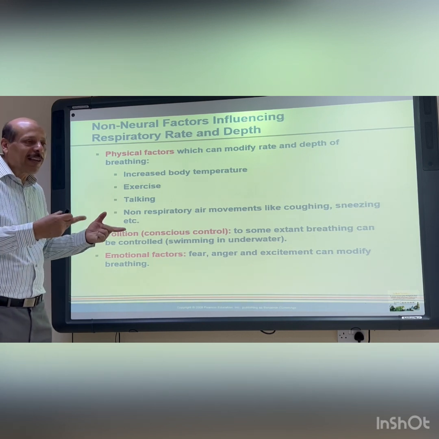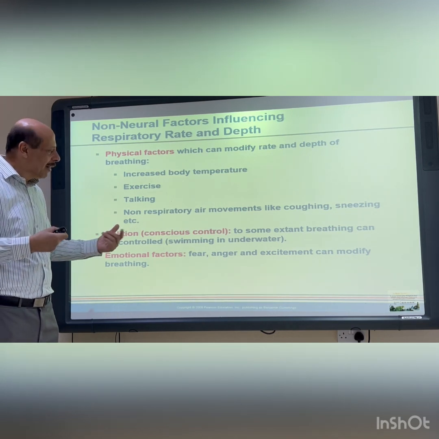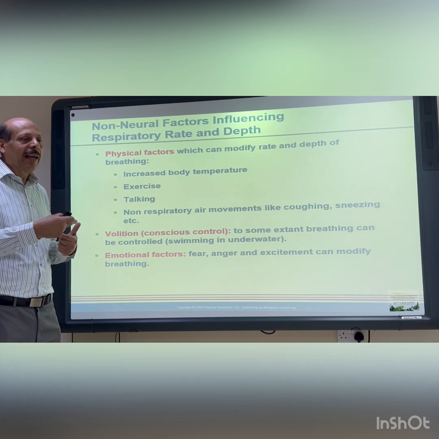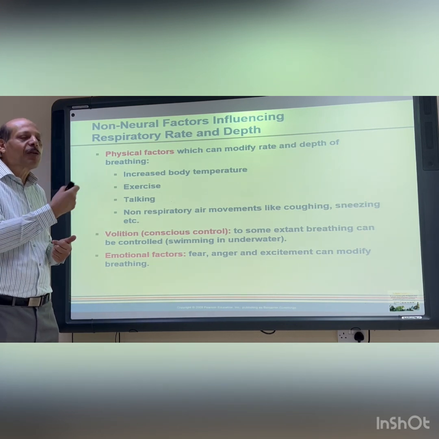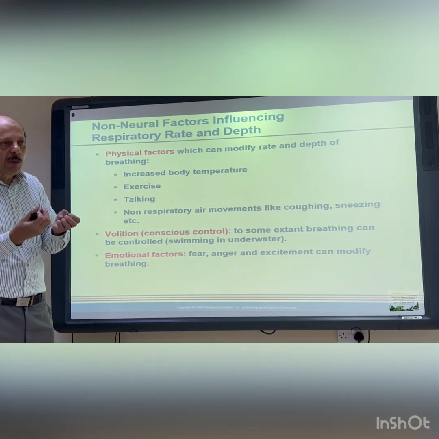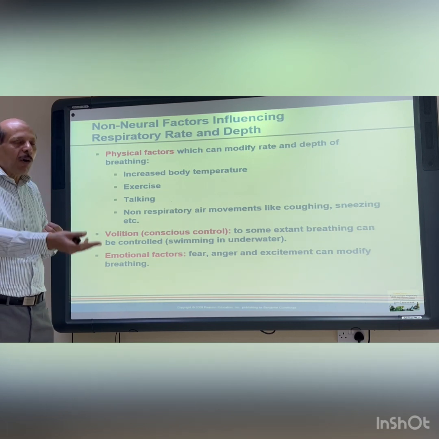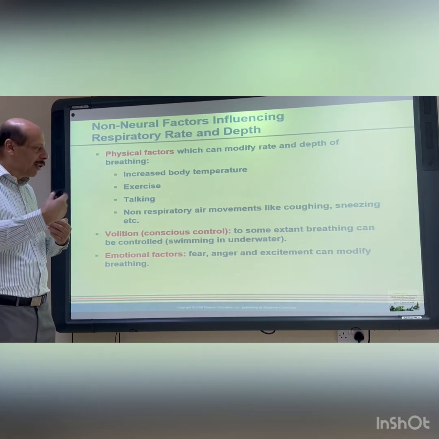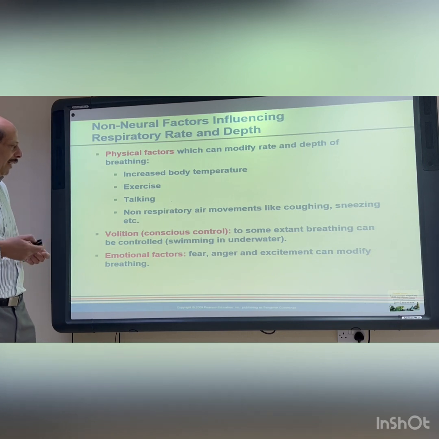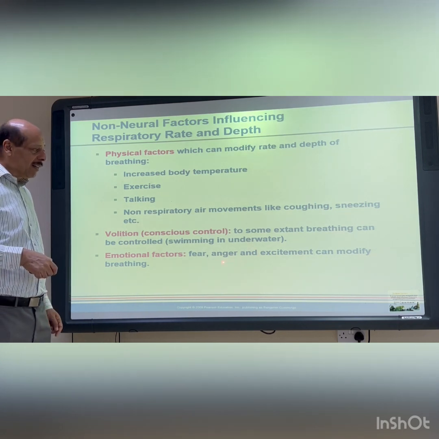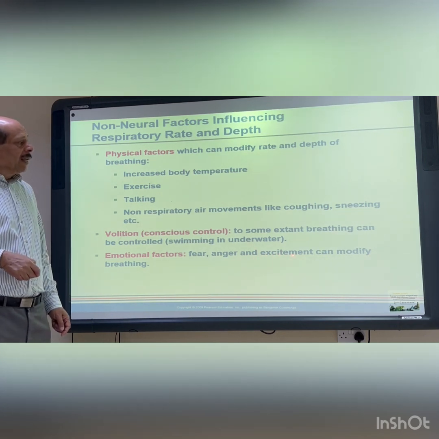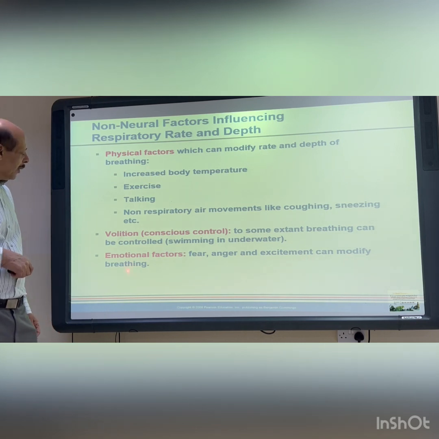In this case, the breathing rate and depth will be more, and the pulse will be more, in order to give more oxygen to your blood to be able to fight or flee. In case of anger, it is the same. Excitement also can modify breathing.